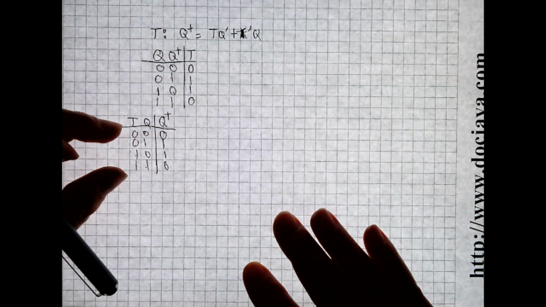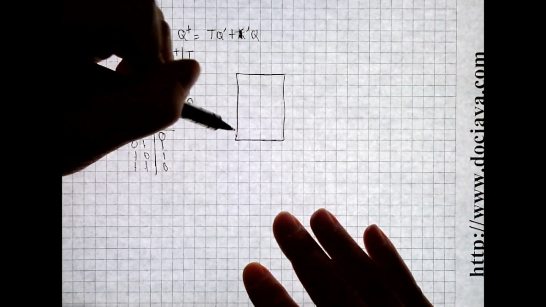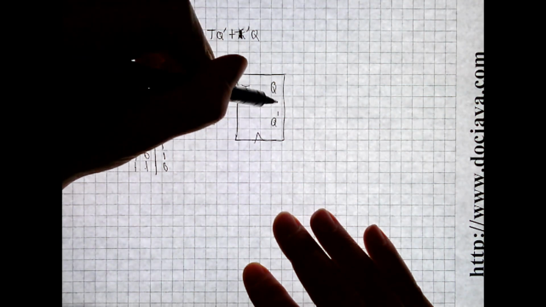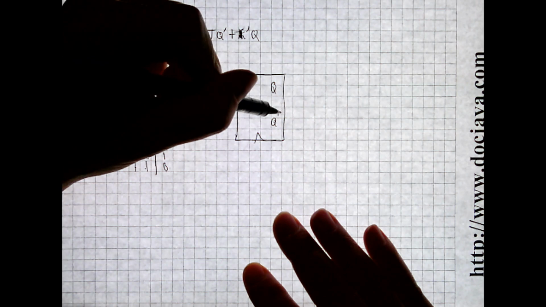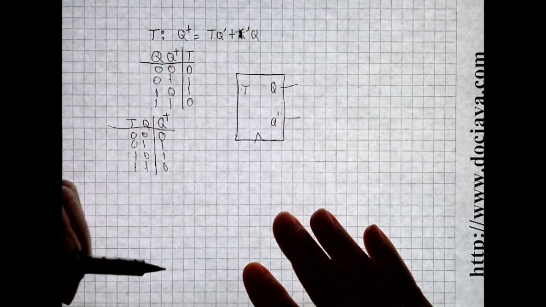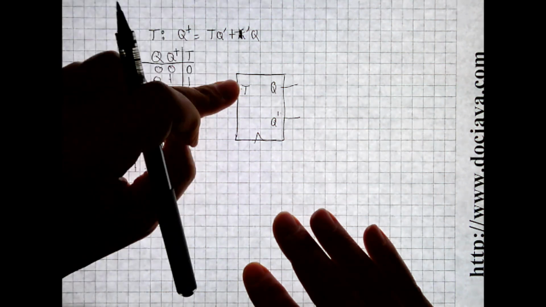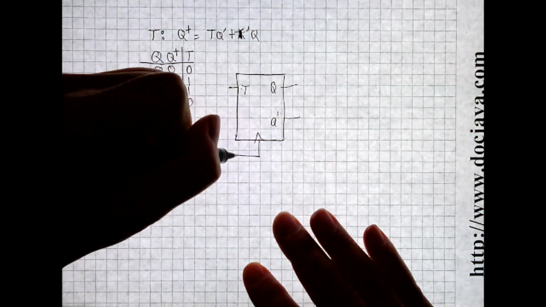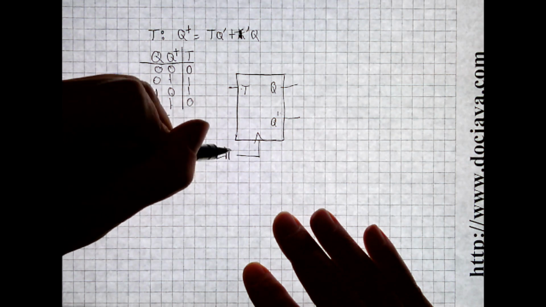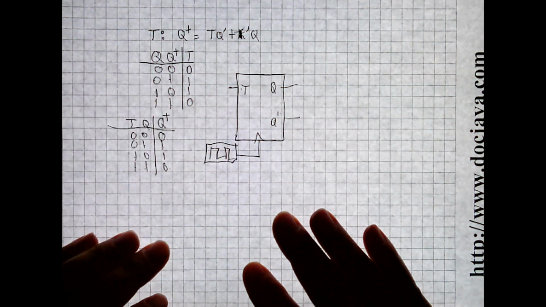So toggle flip-flops look just like D flip-flops with a difference. The difference is they have a T input instead of a D. And if you put in a 1, during the next clock cycle the flip-flop will change state.